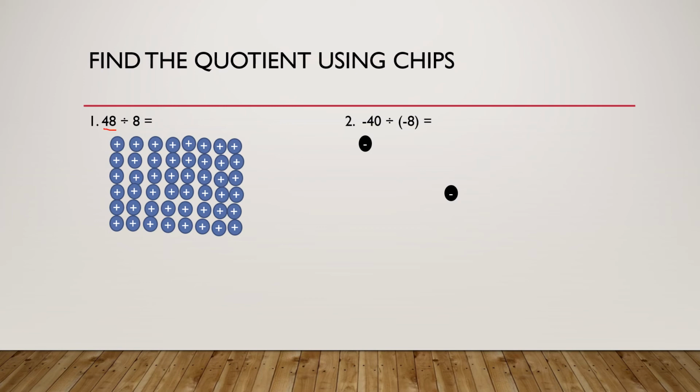Here, 48 divided by 8, we are going to group these positive chips into 8 parts.